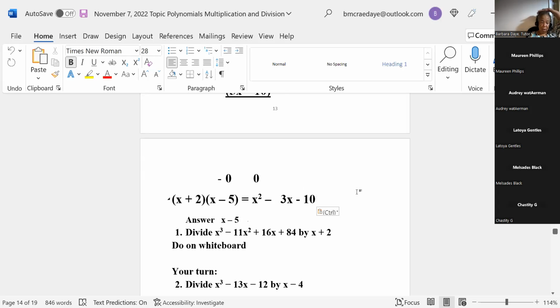But sometimes you don't have to do that, because if you've got this total, you know that whatever constant you have here has to be multiplied by another constant that gives you the minus 10. And usually that's just one number, because if you have a minus 10 and this is a minus 5, only a plus 2 times a minus 5 will give you a minus 10.